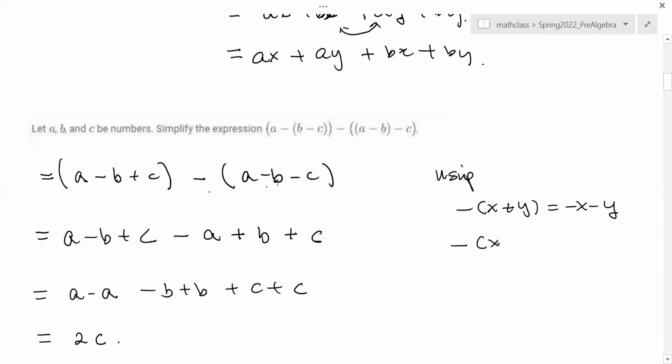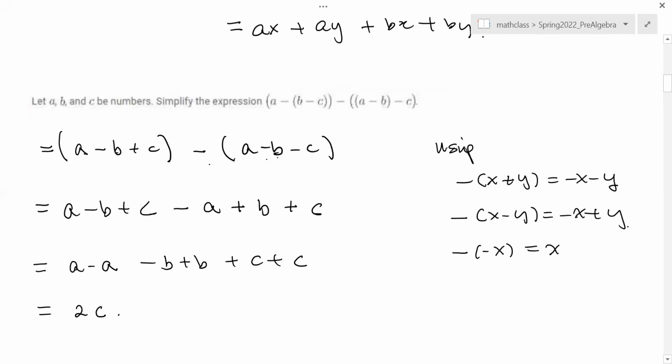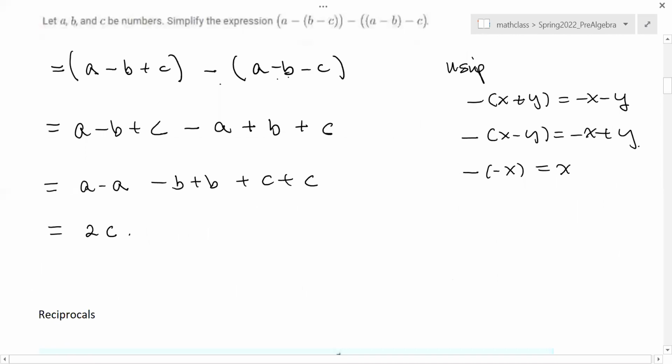And negative of x minus y is going to be negative x plus y. Also, negative of negative x is going to be x. Those are trivial rules, but it's easy to forget them when you remove the parenthesis.